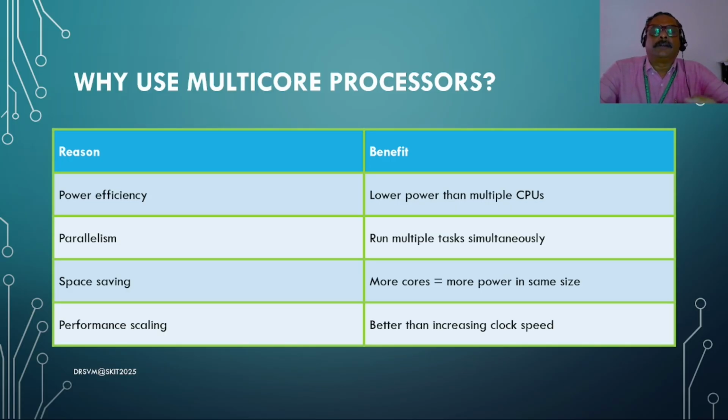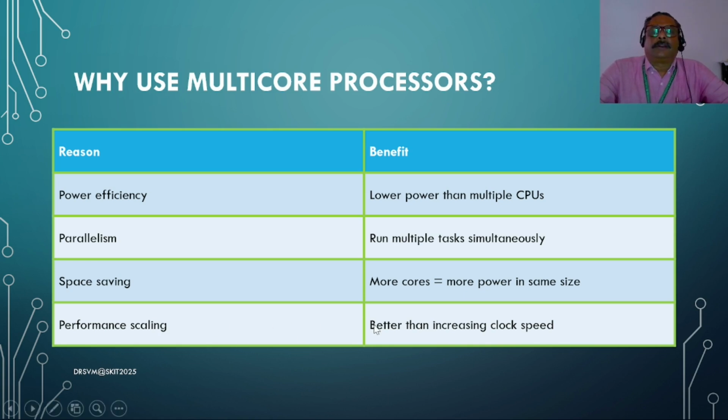If one chip contains 4 processors, then the overall size required on the motherboard is that of one chip instead of 4 chips. These benefits grow multifold one by one.